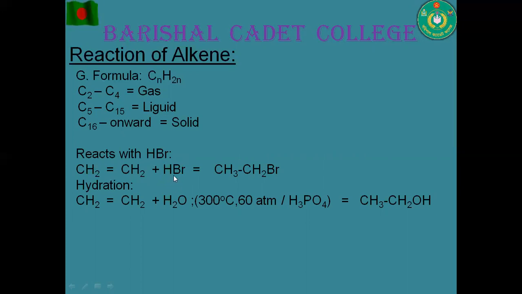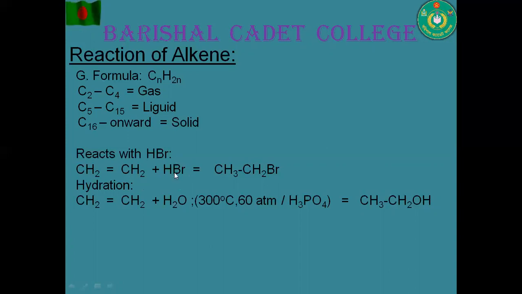Here, this reaction follows the Markovnikov rule. In the case of a double bonded compound, that means alkene, the hydrogen of the second reactant goes to the carbon atom which contains more hydrogen atoms.